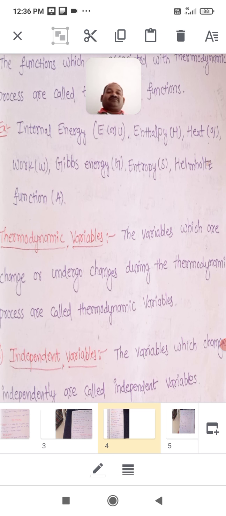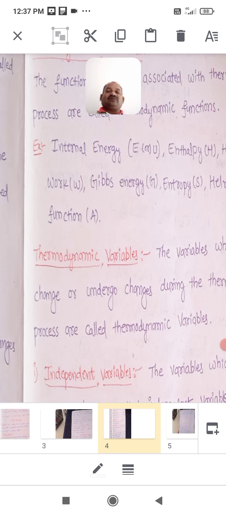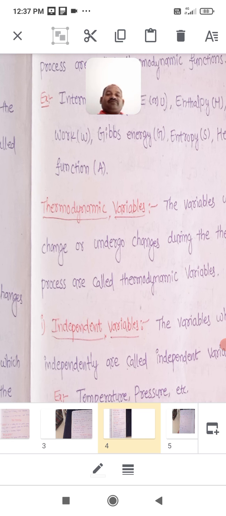Thermodynamic variables: the variables which change or undergo changes during the thermodynamic process. Independent variables: the variables which change independently. Dependent variables: the variables which depend on the independent variables. Example: volume.